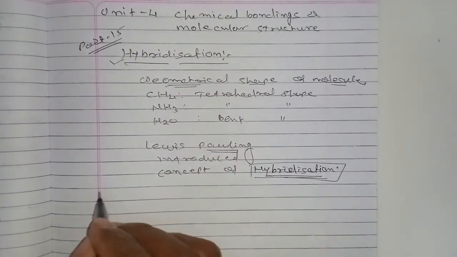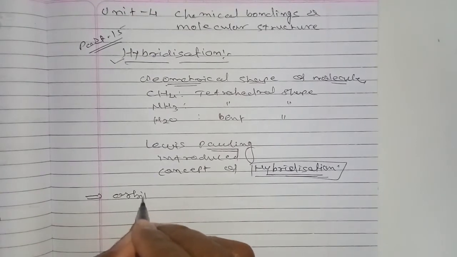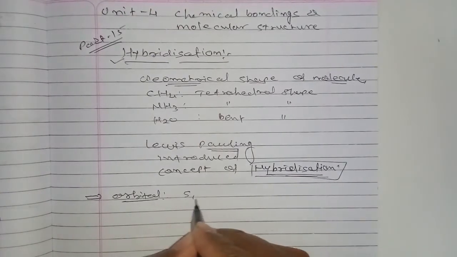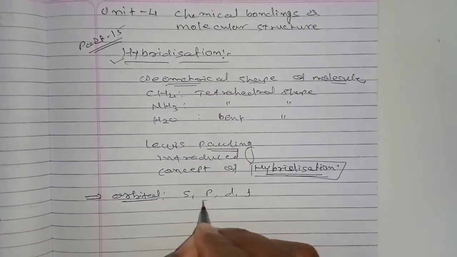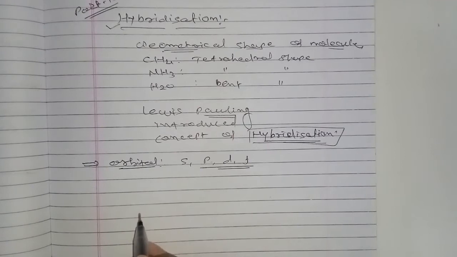As we have already discussed, the orbitals like s, p, d and f orbitals and their shapes. Here the atomic orbitals are combined to form a new set of equivalent orbitals, and these are known as hybrid orbitals.